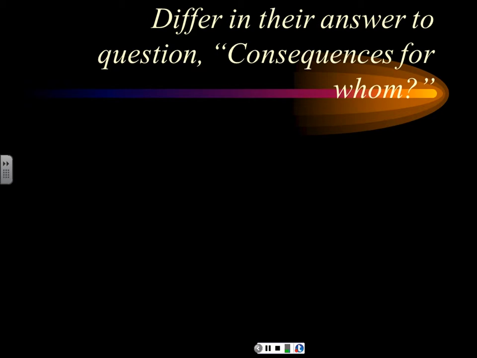In other words, if the right thing to do is to choose that course of action that promotes the best consequences, it naturally raises the question of consequences for whom. And for egoism, the only consequences that matter are the consequences for the doer of the action.